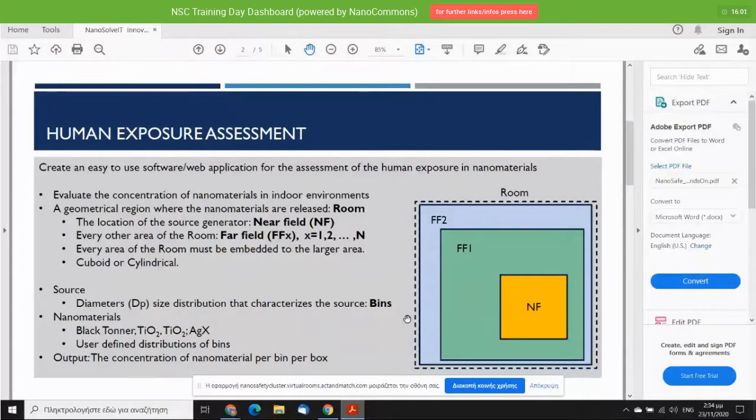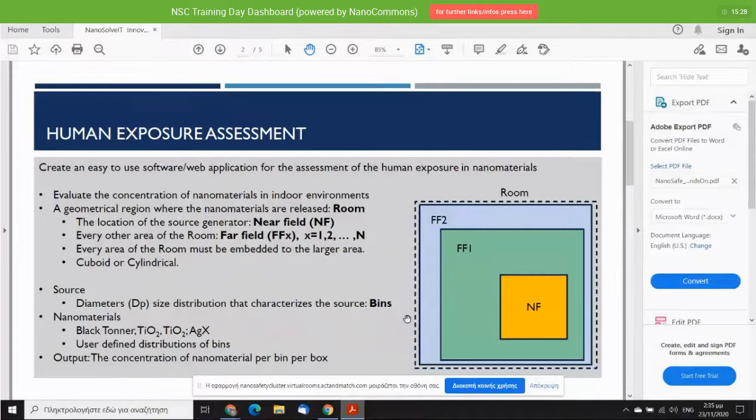In order to do that, the basic unit that we have is a room, which we partition into different areas. One of the basic areas is the near field, or the NF area, which is the location where the source generator exists.